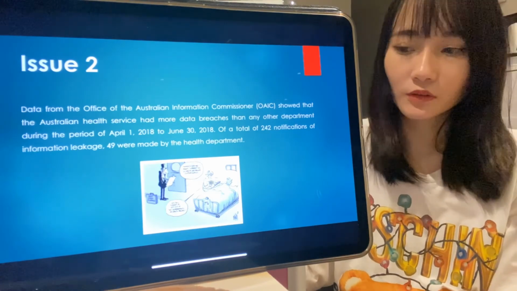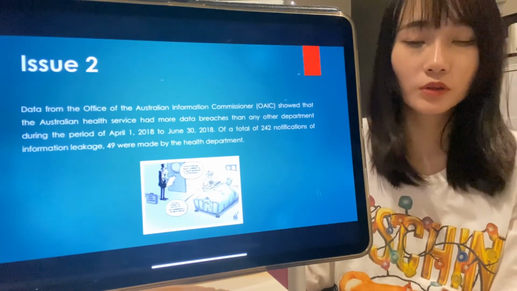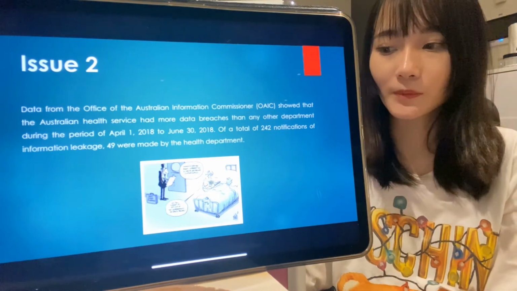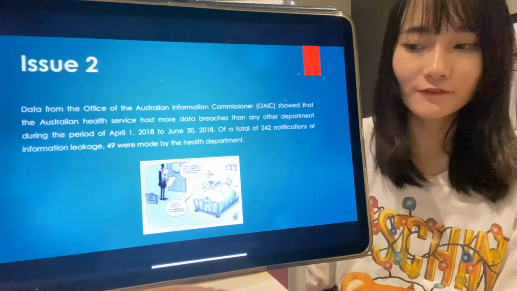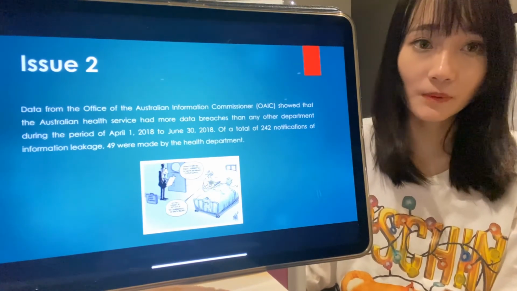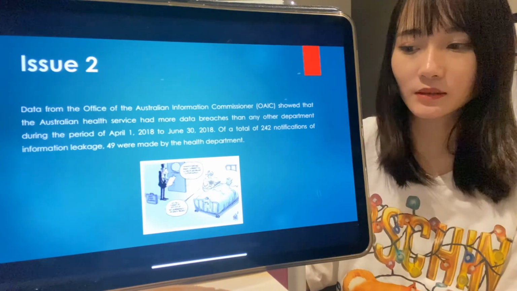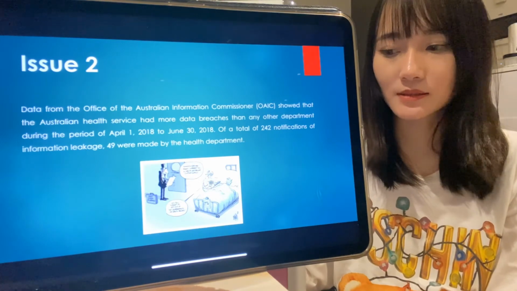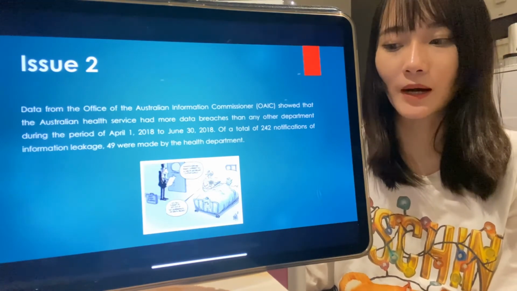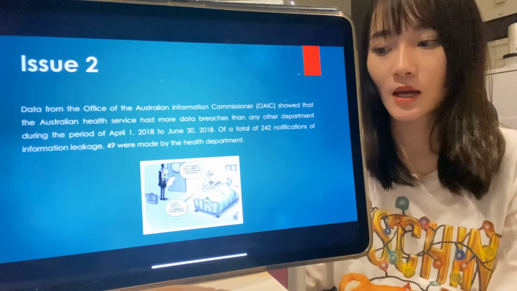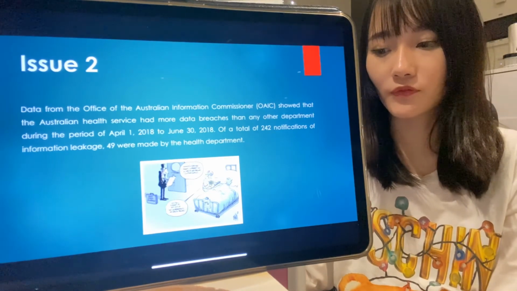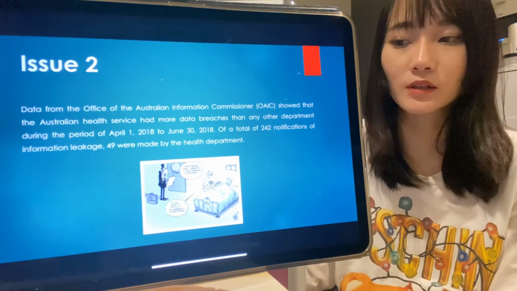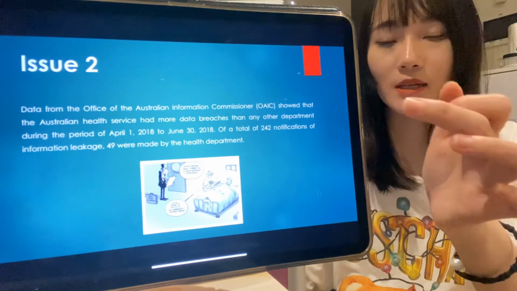Of a total of 242 notifications, 49 were made by the health sector, largely the result of human error. Such findings were consistent with the report by the Australian Information Commissioner's Office from January to March 2018.